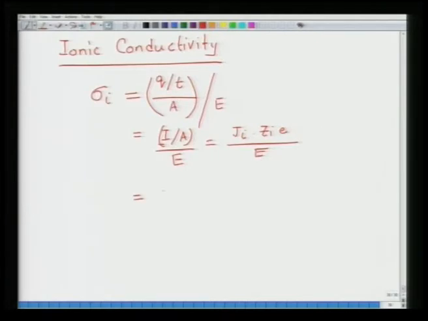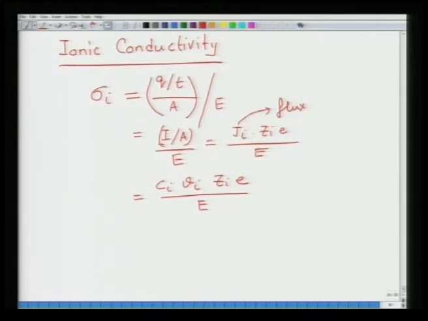Now the expression for J I, the flux, is equal to C I V I, where C I is the concentration and V I is the velocity, multiplied by Z I E divided by capital E, the electric field. This J is flux, not current density.